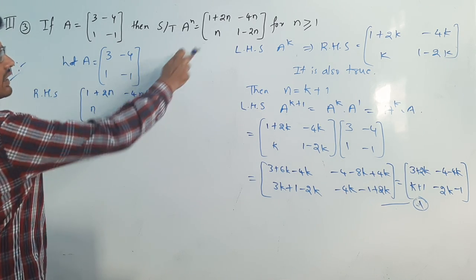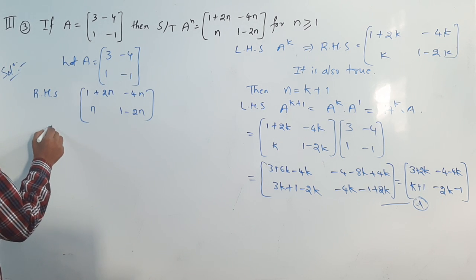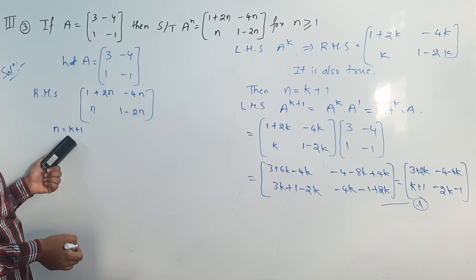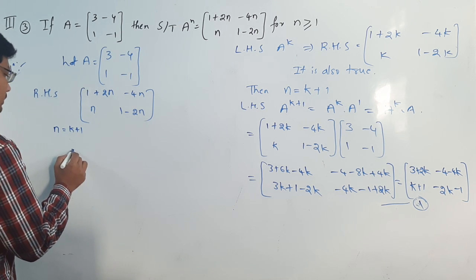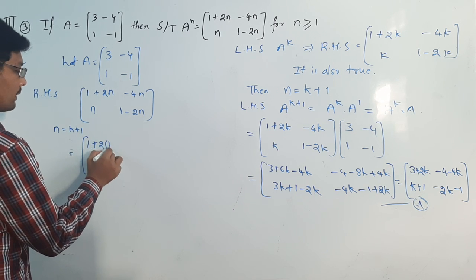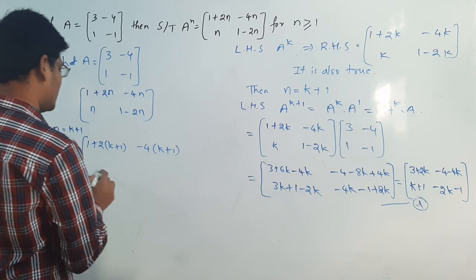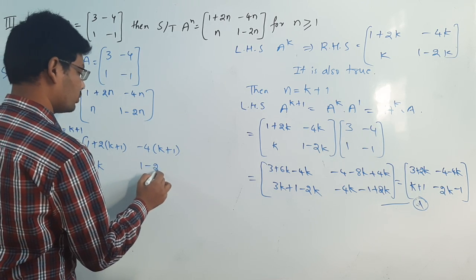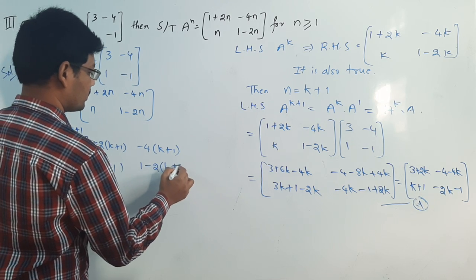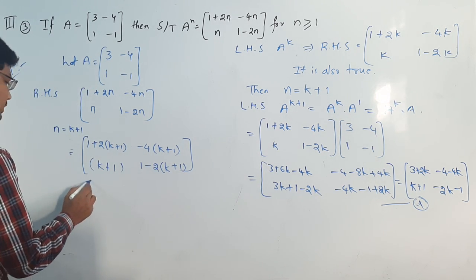This is LHS, and this is RHS here. There n is equal to k plus 1. Let's substitute k plus 1 in place of n. Then it will become 1 plus 2 into k plus 1, minus 4 into k plus 1, and k plus 1, and 1 minus 2 into k plus 1. And let's multiply the terms here.